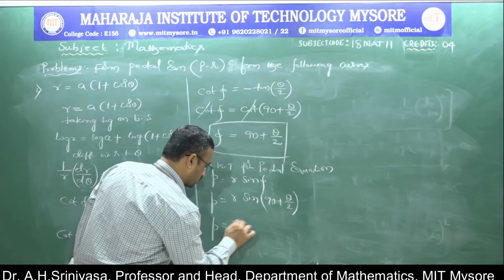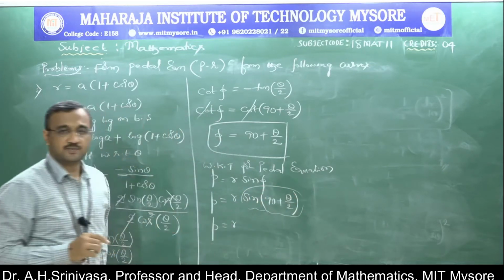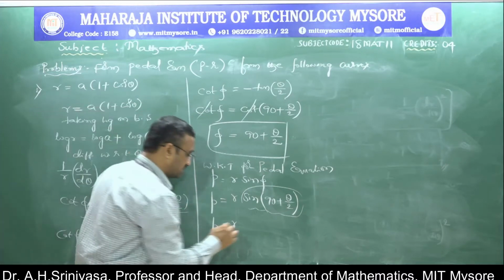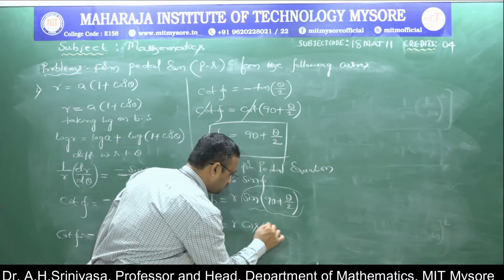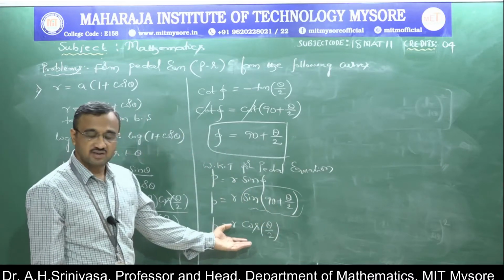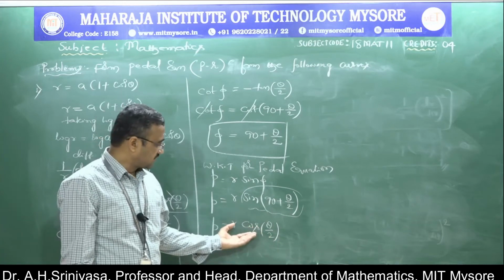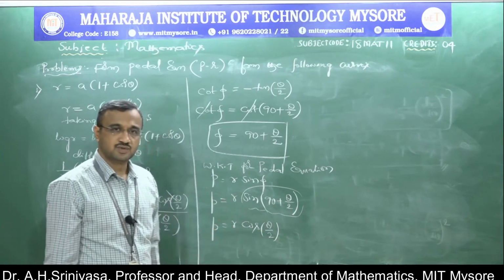Now we get p equal to r into, what is the value of this? Sin of 90 plus theta by 2 is cos theta by 2. Using allied angles, in the second quadrant sin is positive, only the function will change for others, but sin cannot be changed. Then it becomes cos theta by 2.